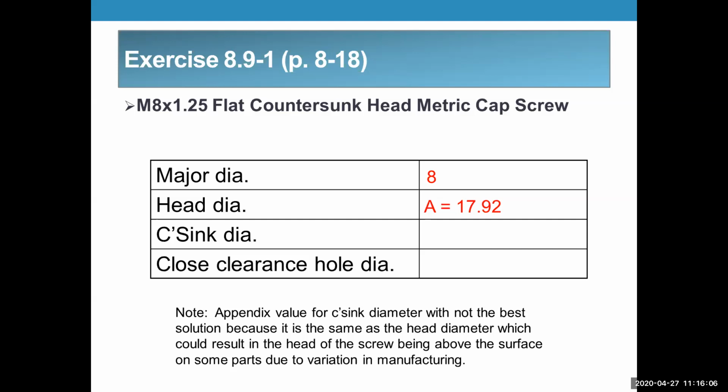So the countersink diameter is A plus 3. So it's 17.92 plus 3, which is 20.92 or 21.